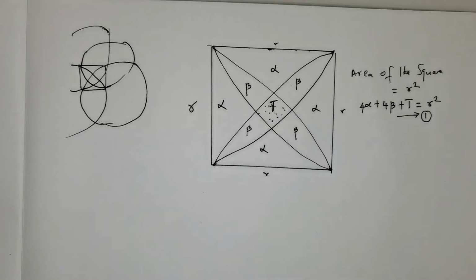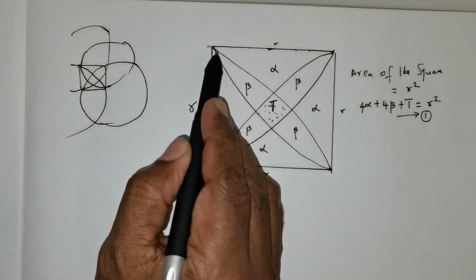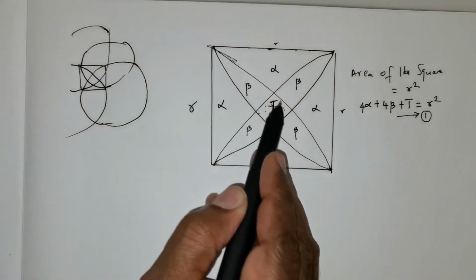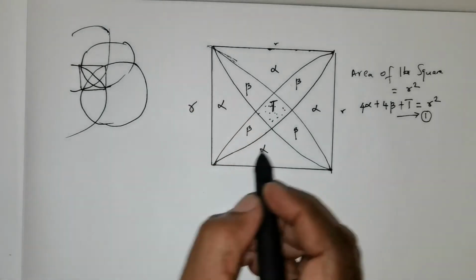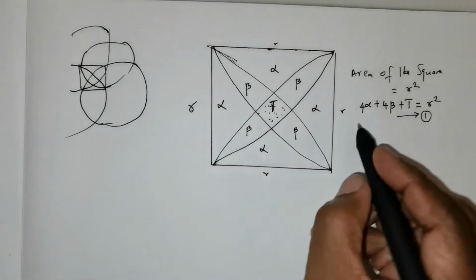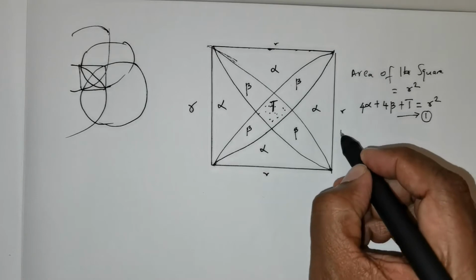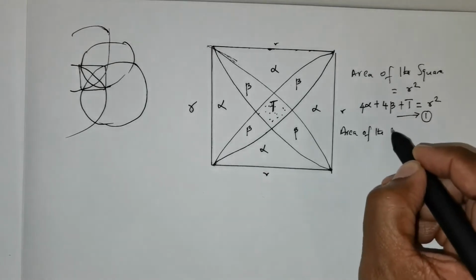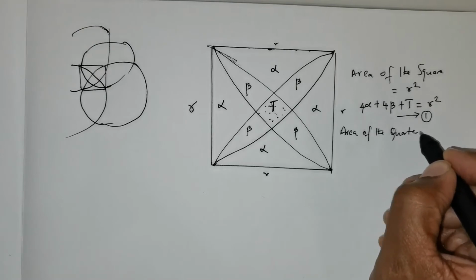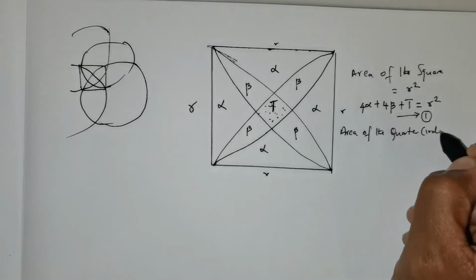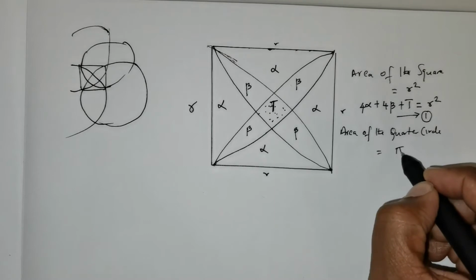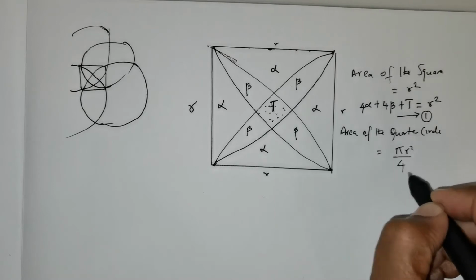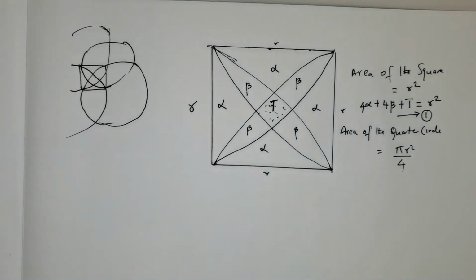Okay, next, consider this circle. See, actually this is a circle that's moving up like this. This is a quarter of a circle. So the area of this quarter of the circle would be pi r squared divided by 4, right?